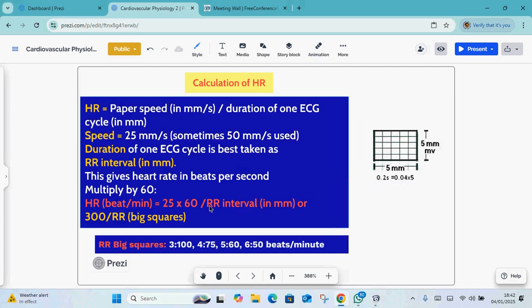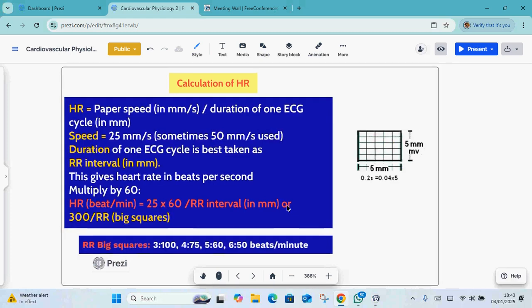Therefore, when I measure the RR interval, the distance between R and R in millimeters, I'm measuring the number of small boxes between the R's, because every small box is a millimeter. Is that clear? Let me give you an ECG.